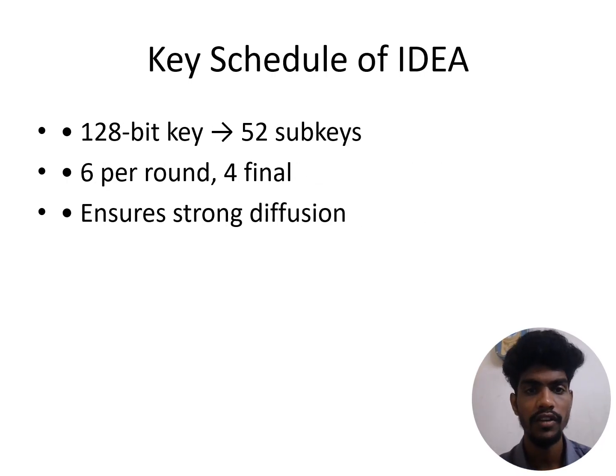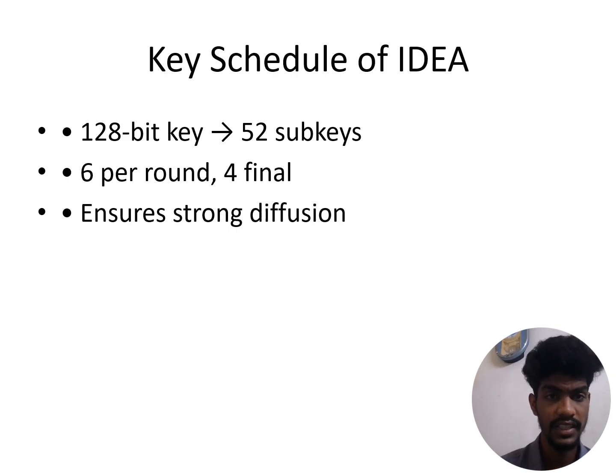Key schedule of IDEA algorithm. Although IDEA uses a 128-bit main key, the encryption process requires 52 16-bit subkeys. These subkeys are created by rotating and extracting bits from the main key.